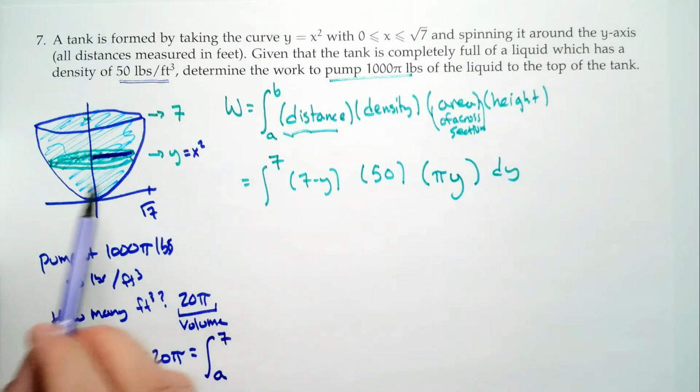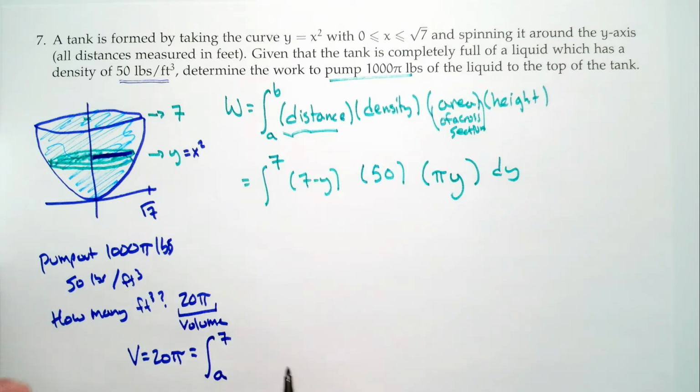Now how do we compute the volume of this shape? What's the right tool? The area of our cross-sections.